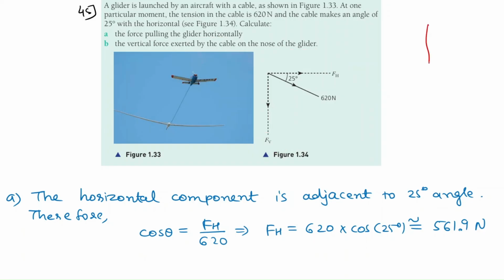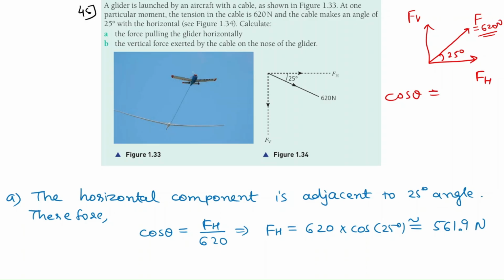So I have to just draw like this. This is FV and this is FH. They give us the angle between the horizontal component and F as 25 degrees, and F is 620 Newton. Now, if you want to find FH, take cos theta.